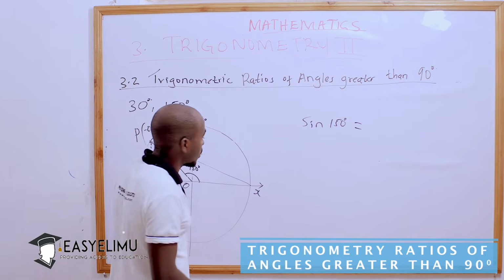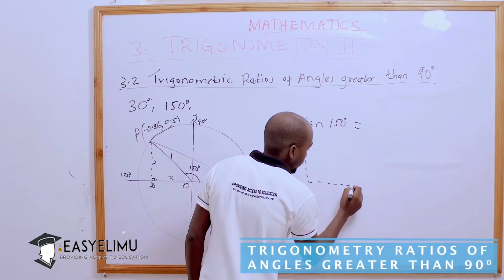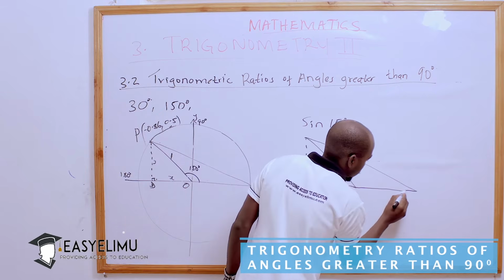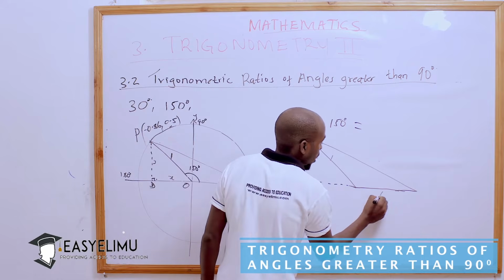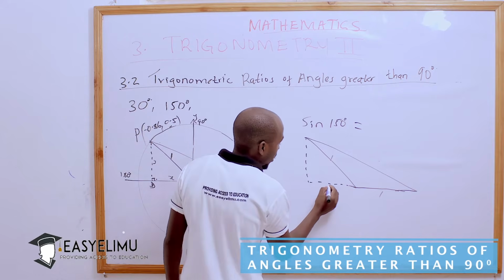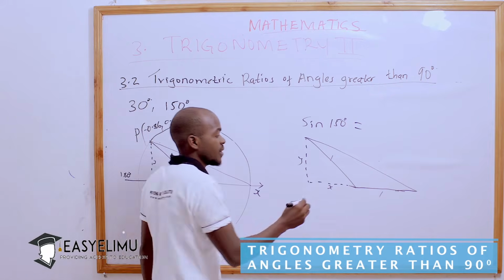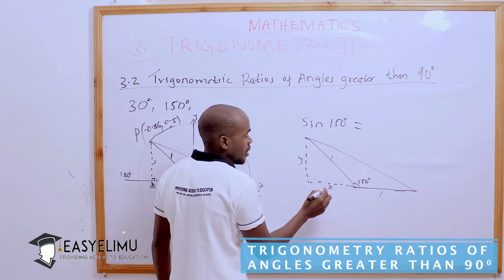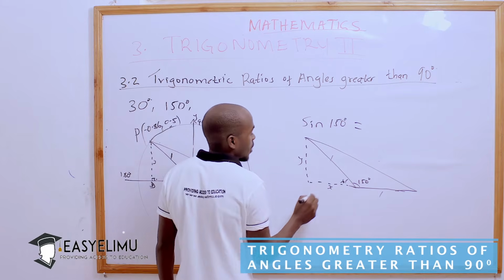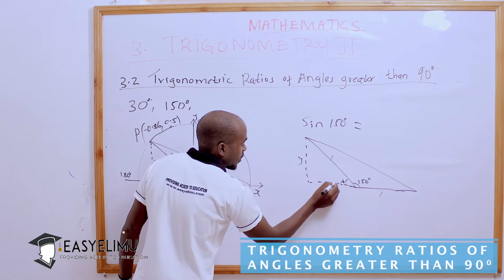It's like an obtuse angle, but extrapolated on this side. This side is 1, this is 1. What I'm talking about is this x and this y, and that is what we are finding. And remember, this is our angle of 150 degrees, so this one is 30 degrees to fill 180, because this here is our straight line.